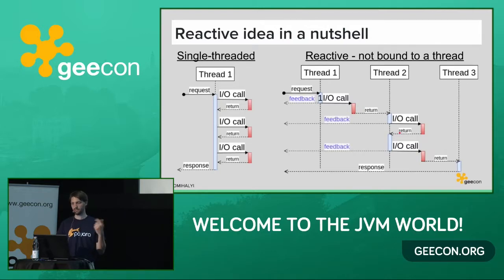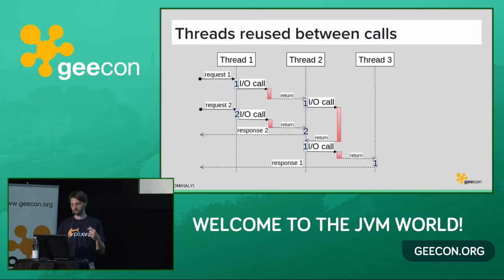is that the thread in between the calls can be used by other requests. In this diagram, we see that thread number 1 just issues 2 calls. The second call is issued from the other thread. But while thread 1 is released and request 1 is still not finished, the same thread can be used for request 2.